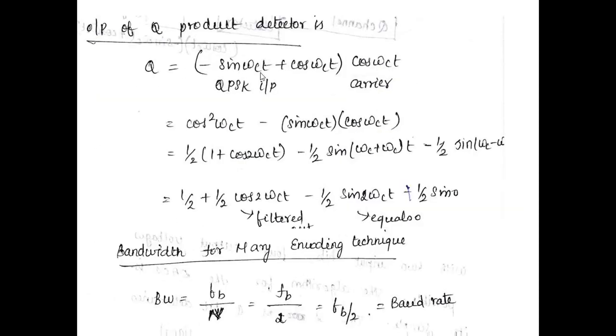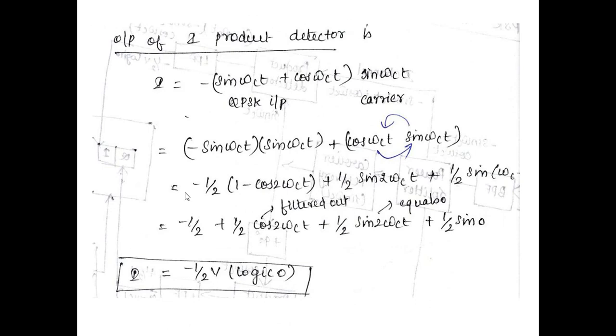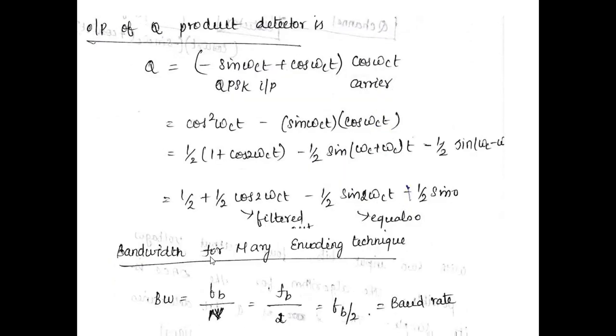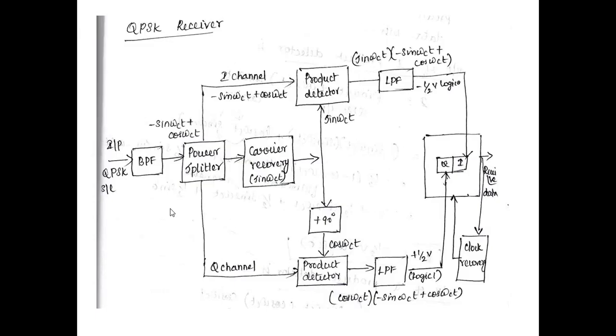Similarly, in quadrature phase we get plus 1 volt, which is equal to logic 1. So the output of in phase is 0, and the output of quadrature phase is 1. So in this diagram it's 1 and 0, so the output is 1 0.